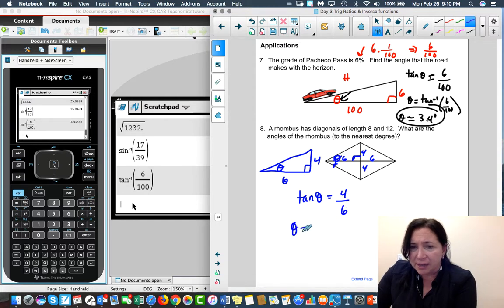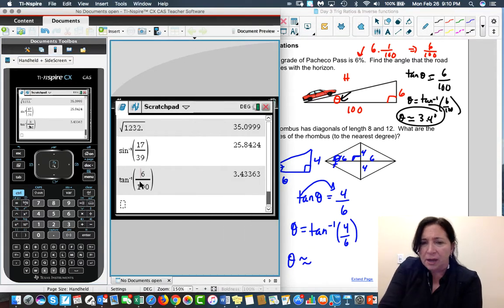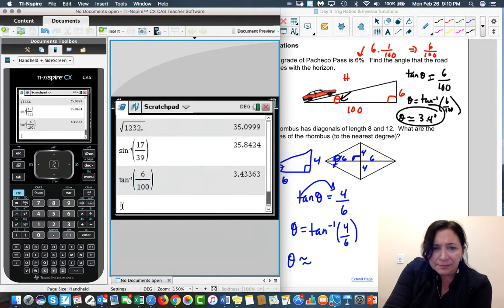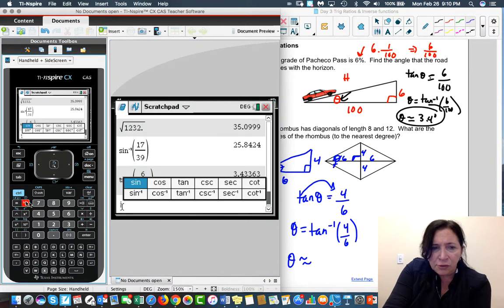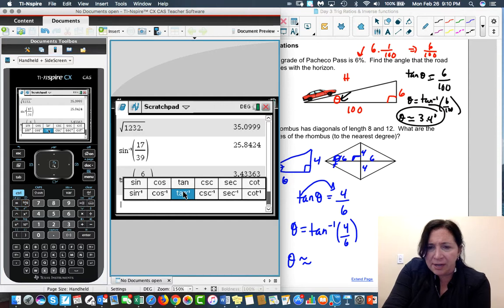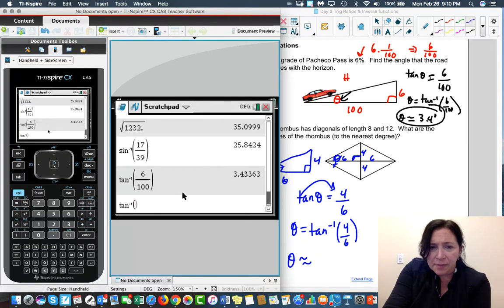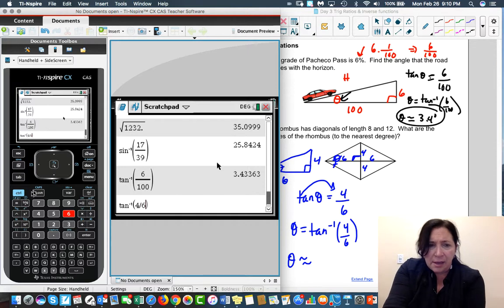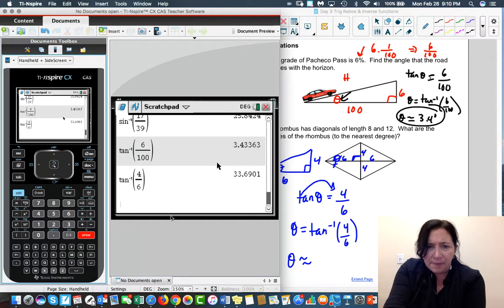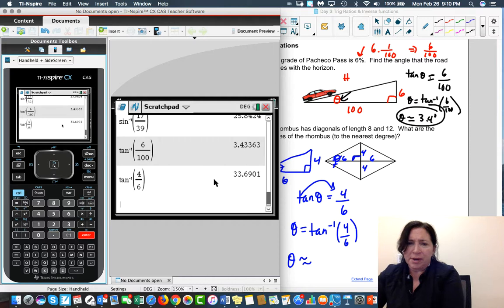So theta is equal to, move the tangent over to the other side, arctangent of 4 over 6. So one of those little angles in there, okay, I'm going to use the trig function arctangent of 4 divided by 6, and we're going to say approximately 33.7.